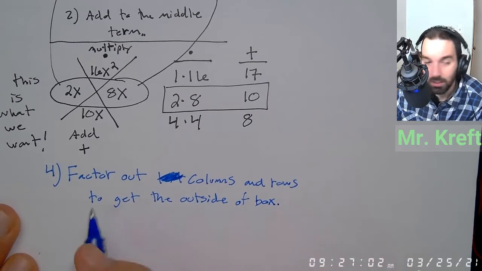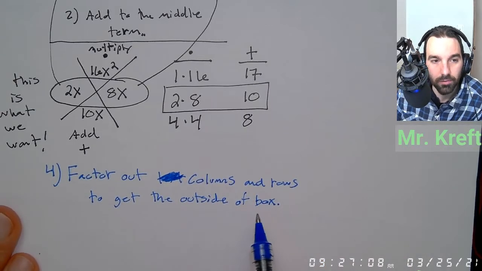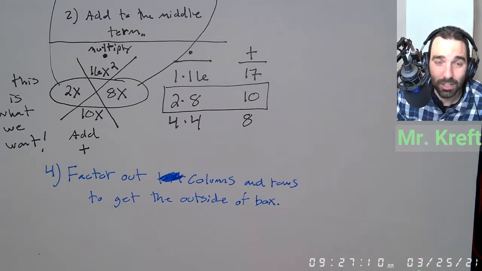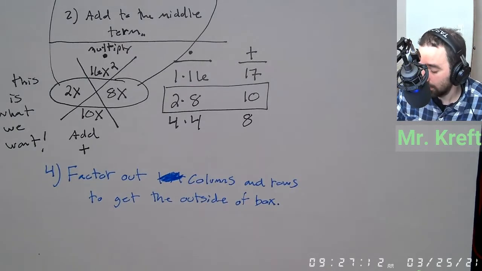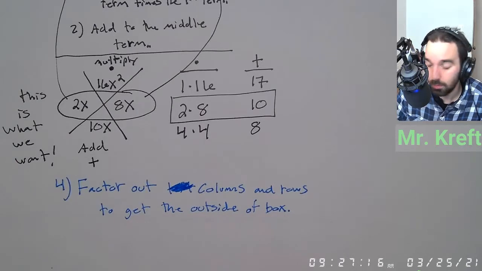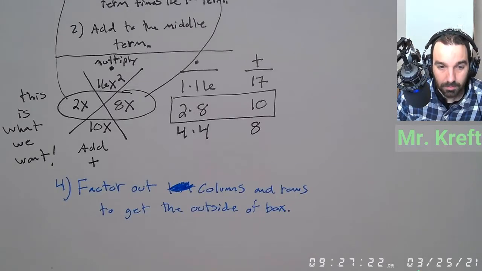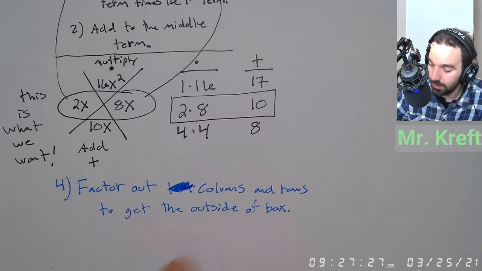So we're going to factor out the columns and rows to get the outside of the box. And again, we're just going to write this down once and then we're going to practice a whole bunch.